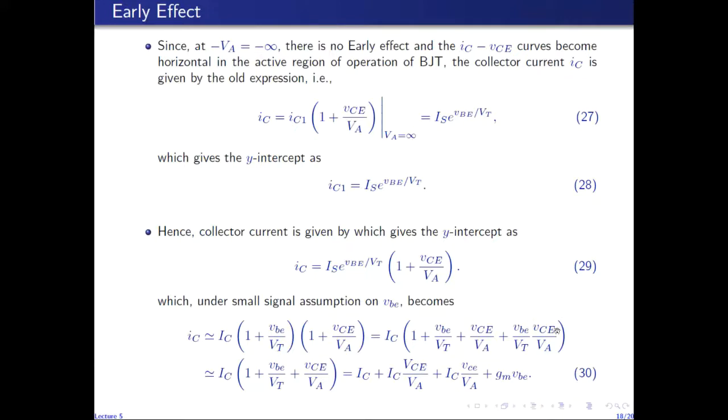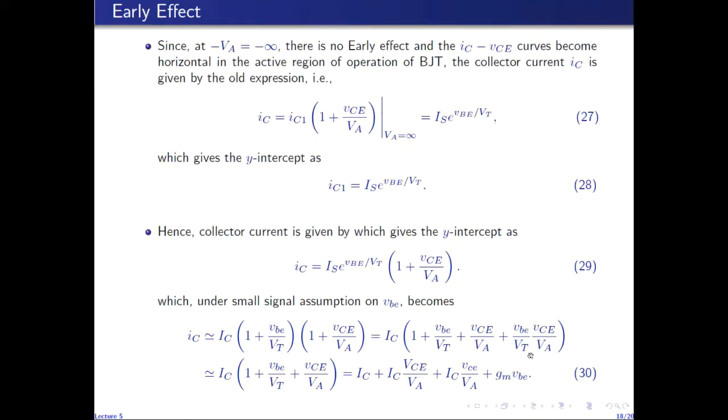So on top of that, the small signal will vary VCE in the positive direction. So eventually the numerator will be of the order of tens of units, and the denominator, the minimum value, is also of the order of tens of units. So this ratio is of the order of 1.